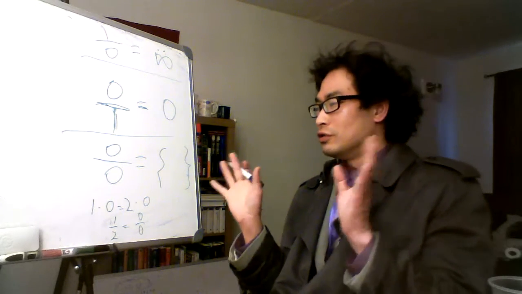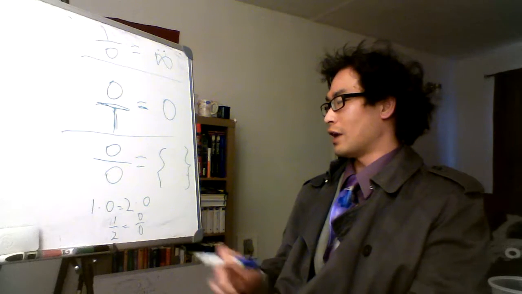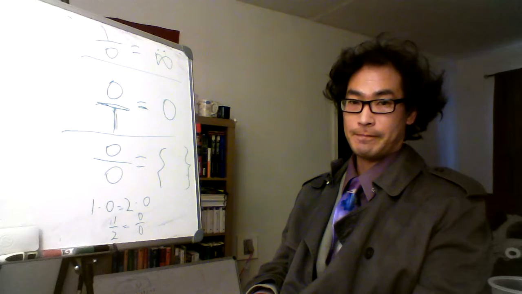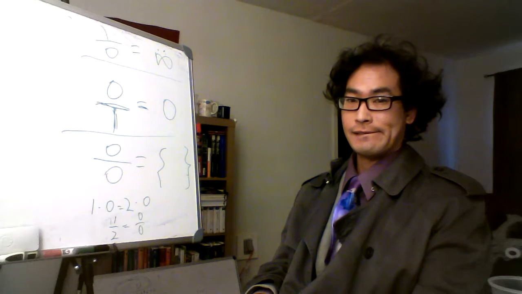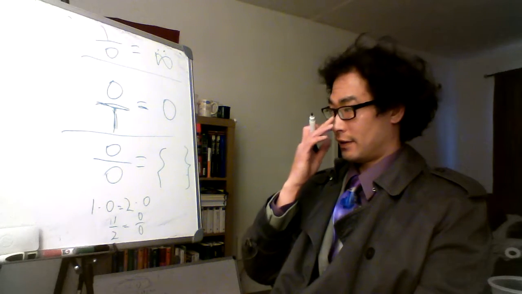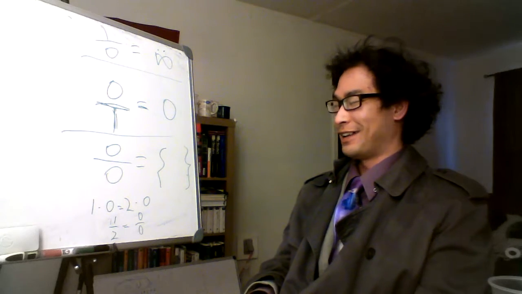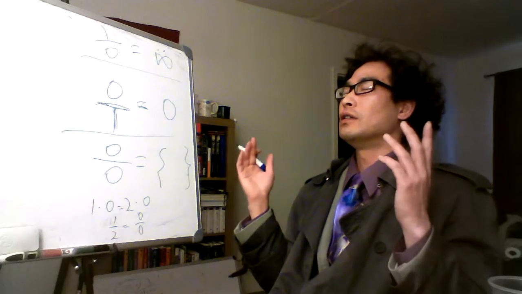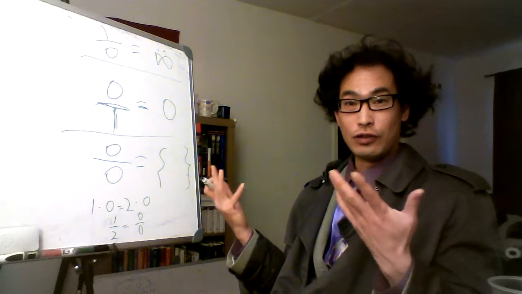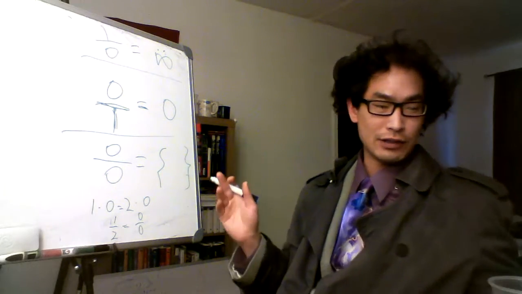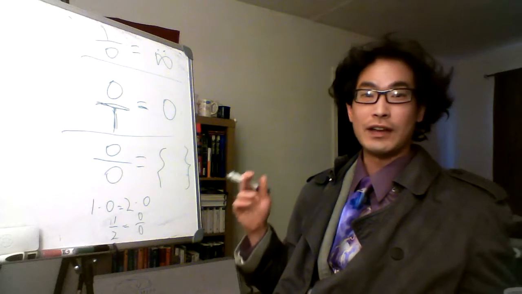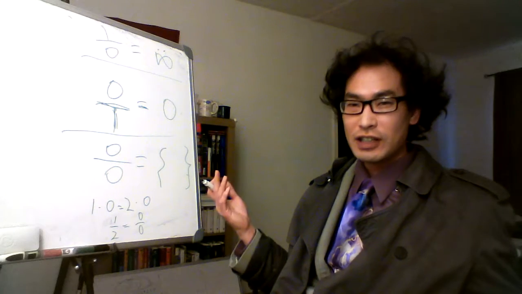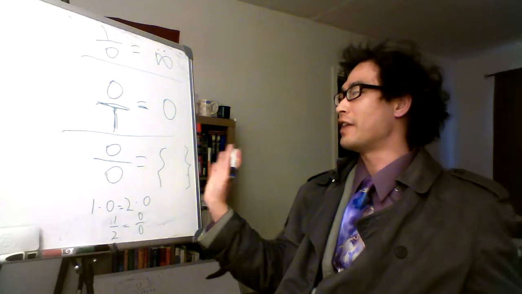It includes everything. 0 over 0 is not one number. It's a set of all numbers. So it's not one number, but it's a set of all numbers in the universe, including imaginary numbers, including infinitesimalities, including these variable infinities. Yeah, it includes everything.